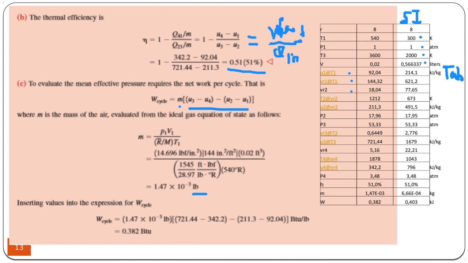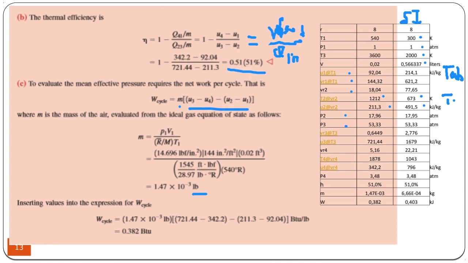Then once you have VR2, you go to the table again and read the values of U2 and VR3. Once you have the values of U2 and VR3, you can calculate P2 and P3, as I already explained in the solution.